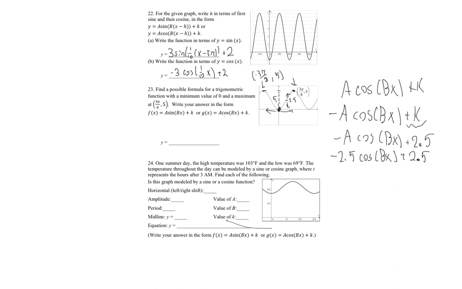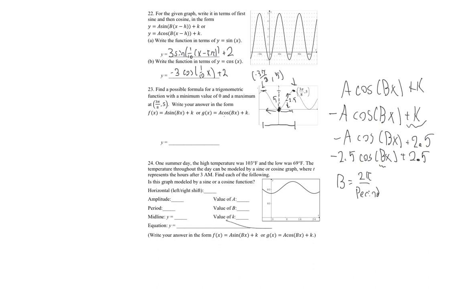And for our period, we're looking for a b, which is 2 pi over our period. Well, our period is how long it takes for something to repeat. So if we can find how far apart 3 pi over 8 is from -3 pi over 8, whatever that is, that is our period, and we can find out what our b is.